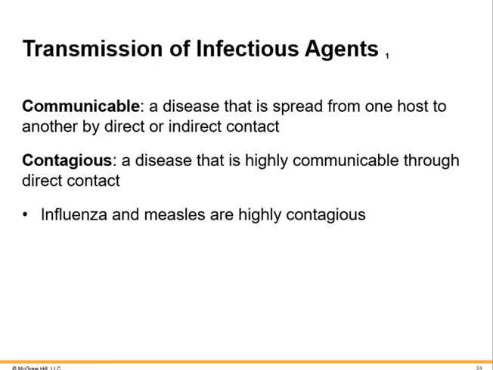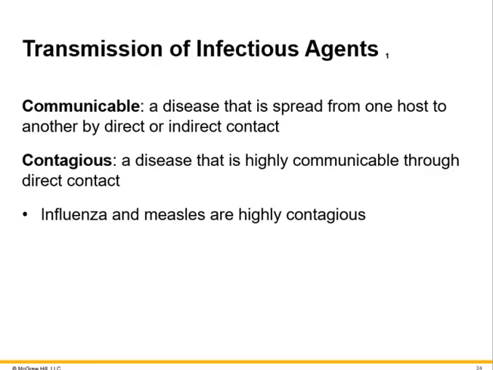So we can group infectious diseases based upon how they're acquired. We use the term communicable to describe illnesses that are caused by viruses or bacteria that are spread through contact with contaminated surfaces or bodily fluids or blood products or even insect bites or even through the air.